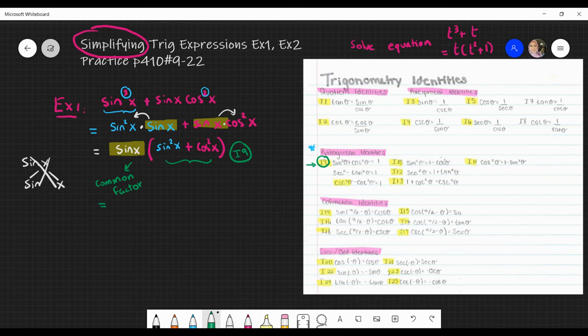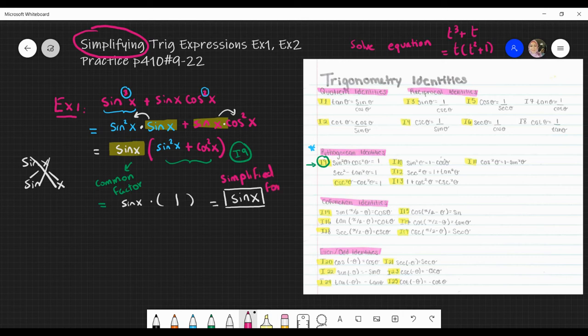So I'm going to copy the sine x down, which is the common factor. And in my parentheses, I'm going to substitute sine squared plus cosine squared with 1. And now, multiplying sine x by 1 will just give me sine x. And that could be labeled as the simplest form or the simplified form.